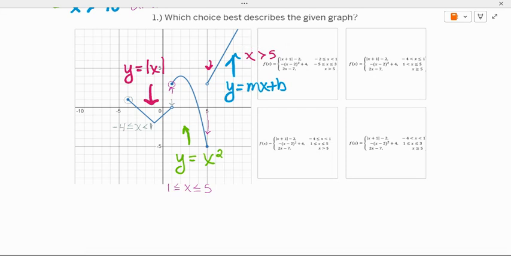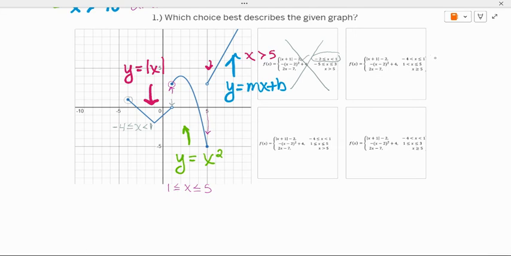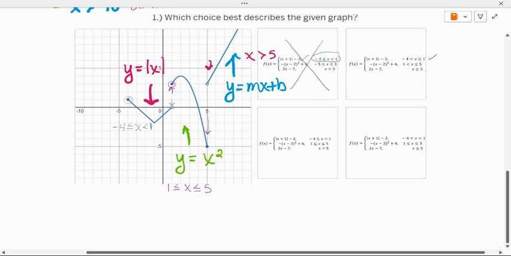So let's take a look at our domains, first of all. In our first piecewise function, the absolute value function has a domain of -2 to +1. So we know that this is not correct. When I look at my second absolute value function, I see that this domain is from -4 to +1.